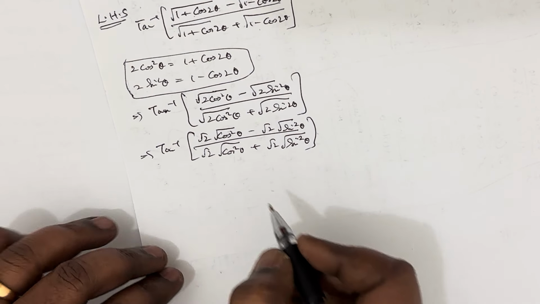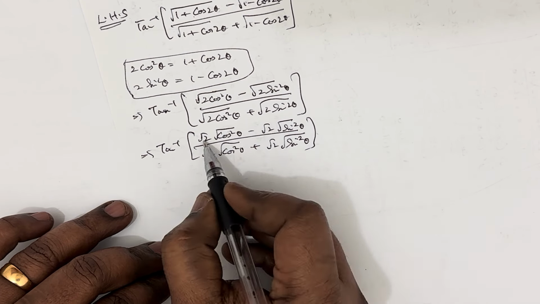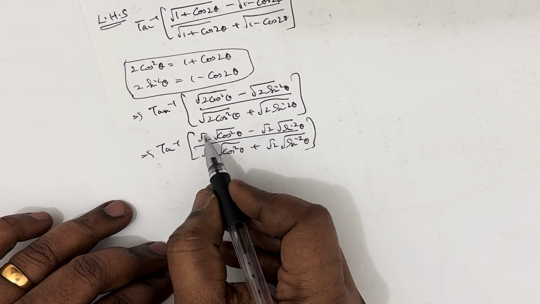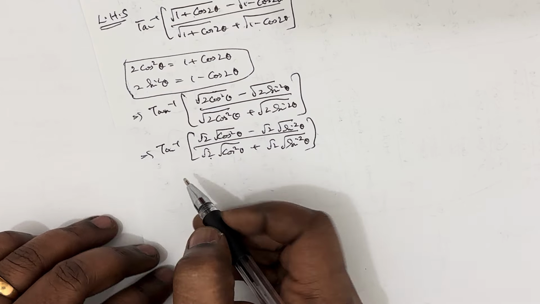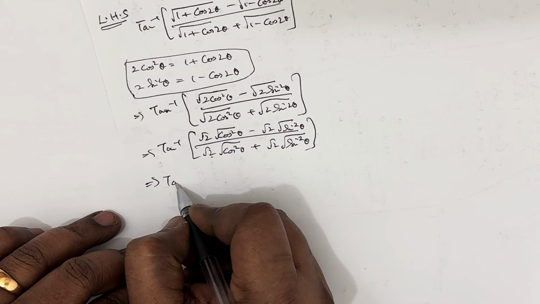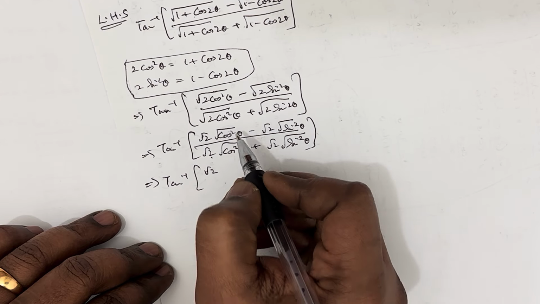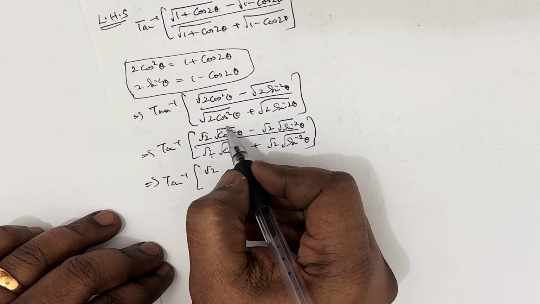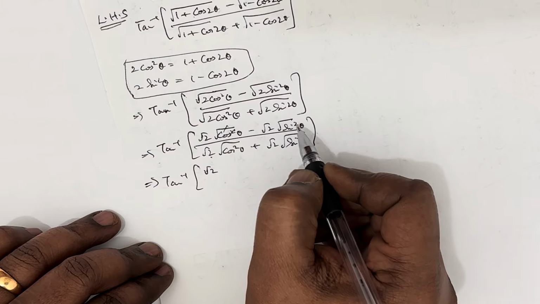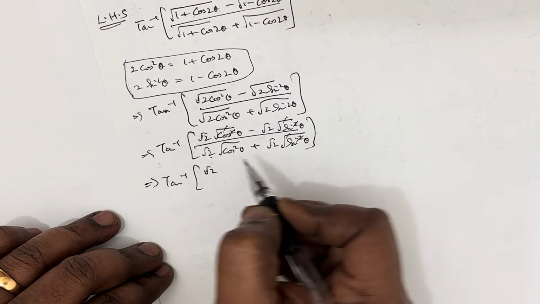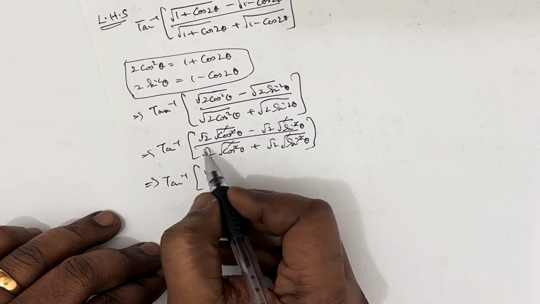Now let's take √2 common, both in the numerator and the denominator. So it becomes tan inverse √2. The square and square root get cancelled, here and here.